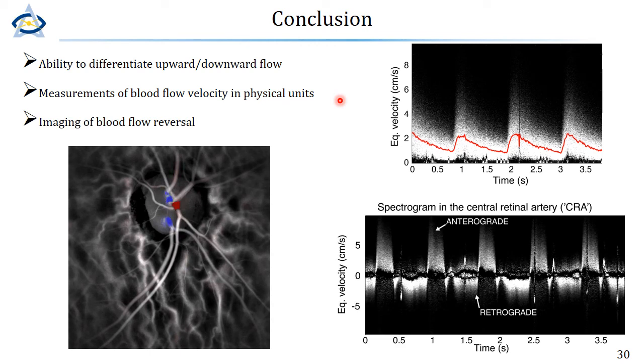And we've used these spectrograms and directional contrast to evidence cases of blood flow reversals, and we would like to investigate this more in glaucoma, because the present study was centered on retinal vein occlusions. So that's it, and thank you for your attention.